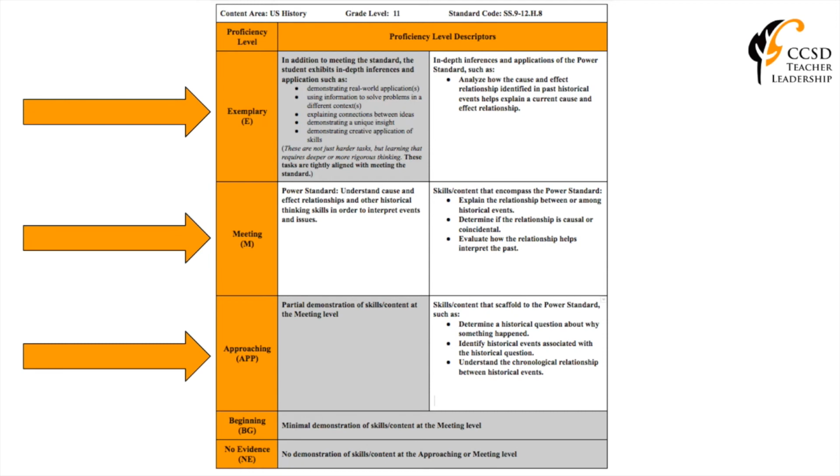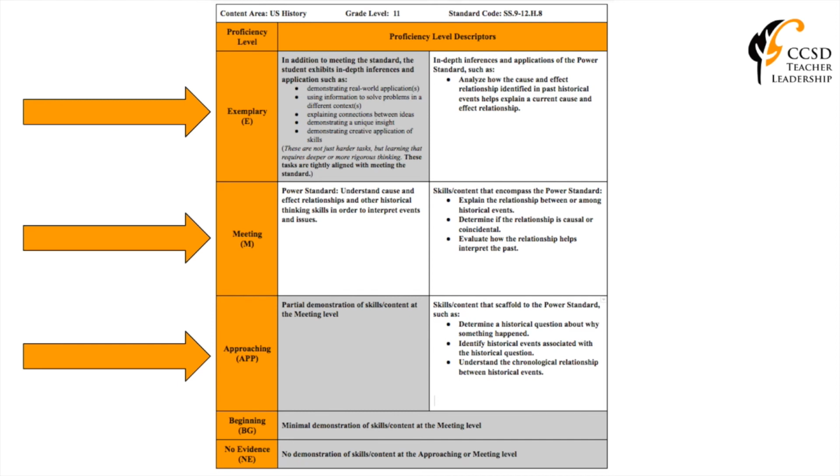This, of course, leads a teacher to reason whether they could only ask exemplary level questions and then determine where a student's response might be on a proficiency scale. There is no reason a teacher cannot do this as long as they can clearly identify the approaching and meeting level components a student will have to demonstrate in their response and that the question or questions asked clearly directs the students to do this.